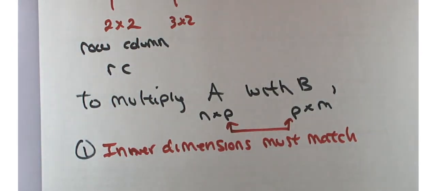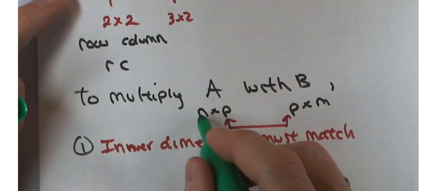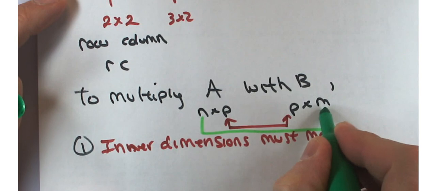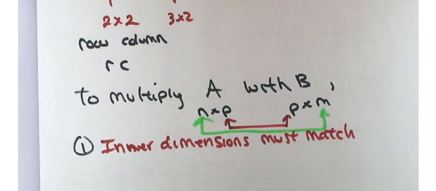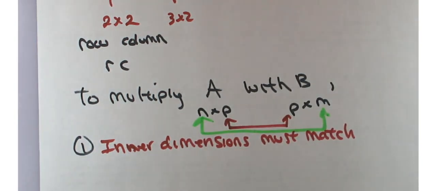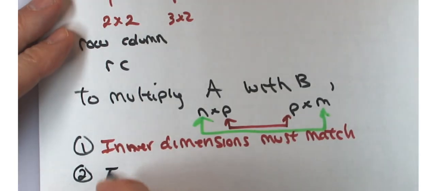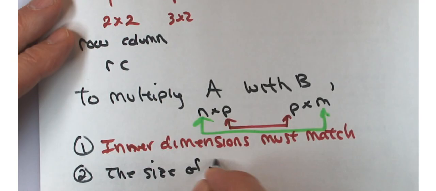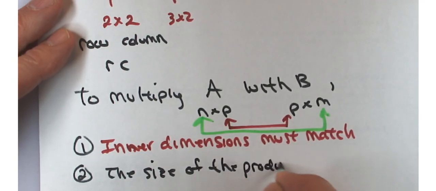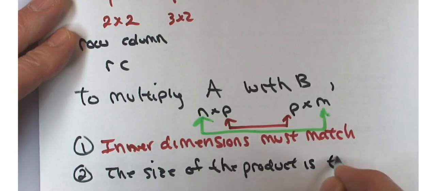Okay. And there's another peculiar thing about multiplying matrices. The dimension of our product is going to be this right here. So the size of the product is the outer dimensions.